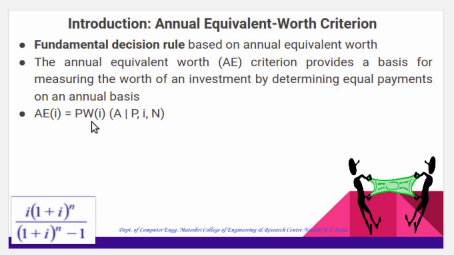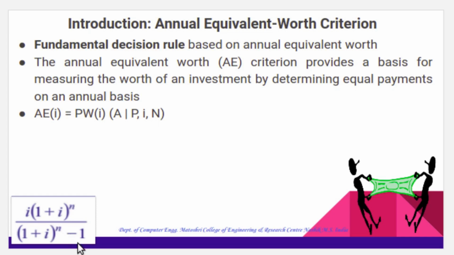Then multiply this amount by the capital recovery factor, where A is the uniform amount per interest period, P is the present value of the amount, i is the interest rate, and N is the expected life of an asset.